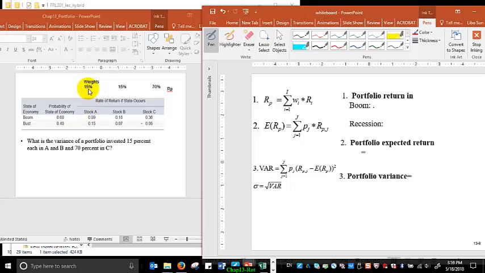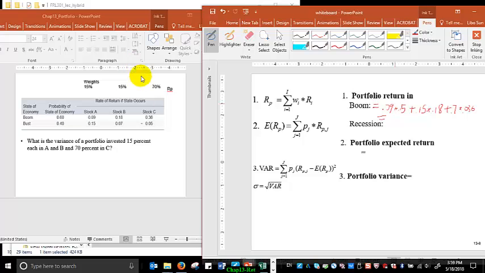As we have 15%, 15%, 70% weights, we use the weighted average. So return equals 0.09 times 15% plus 15% times 18% for B, then 70% times 36%.